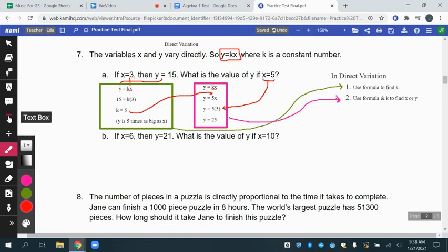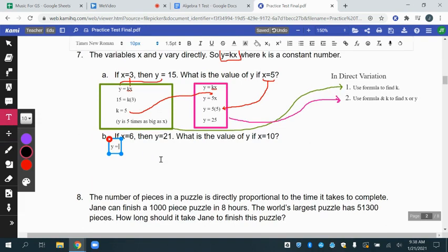Okay. I'm going to do the same thing again. Y equals KX. Y is 21 equals K times 6. In other words, 6 times something makes 21.